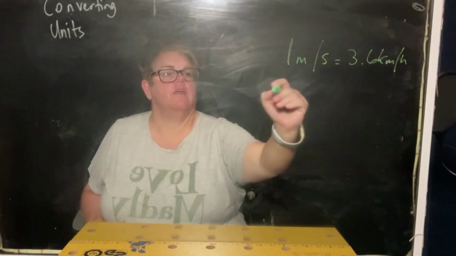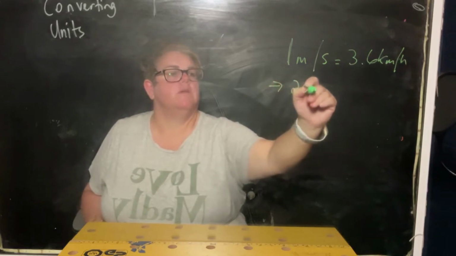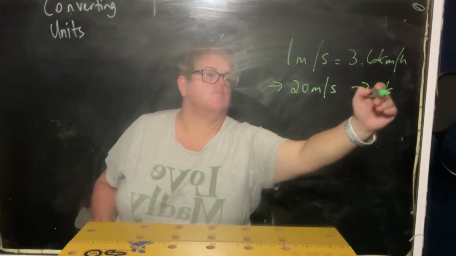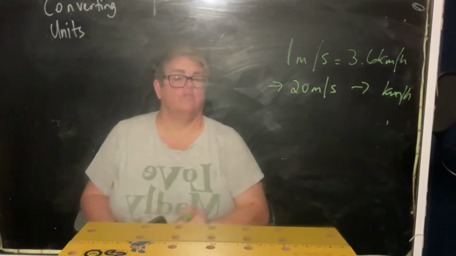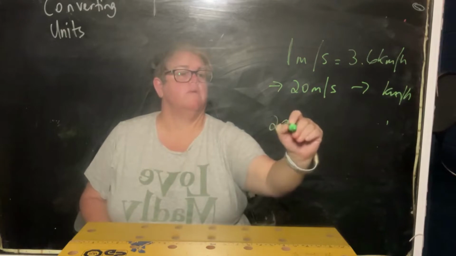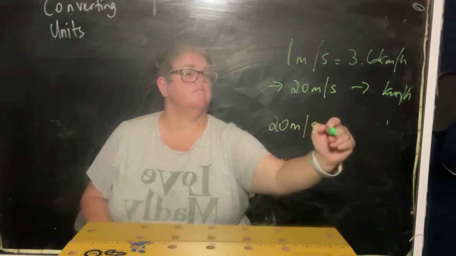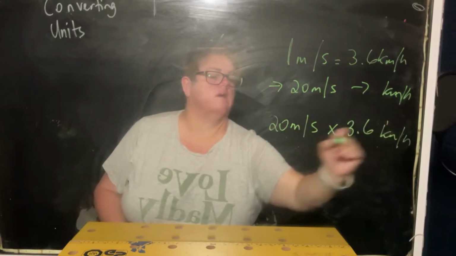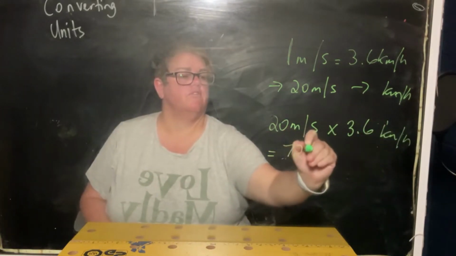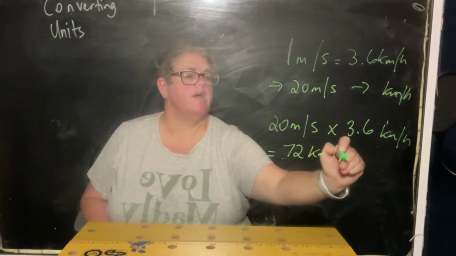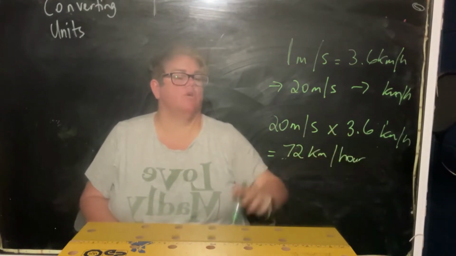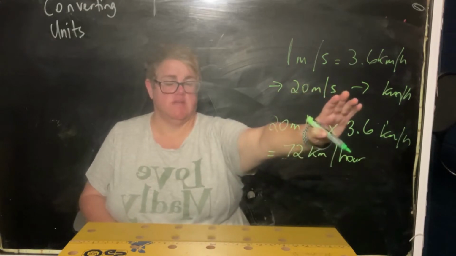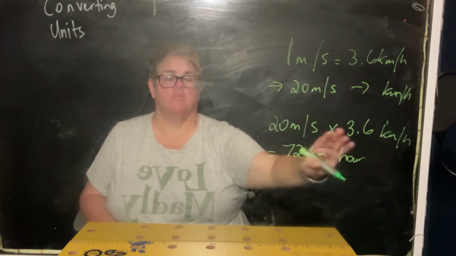If we are converting 20 meters per second into kilometers per hour, we would go 20 meters per second times by 3.6 kilometers per hour. That gives us 72 kilometers per hour. So all we've done is convert meters per second over to kilometers per hour.